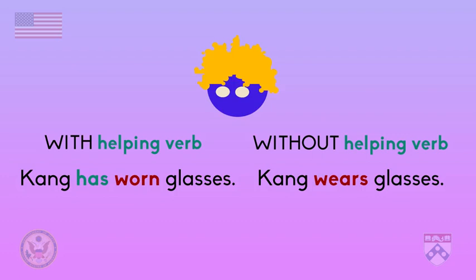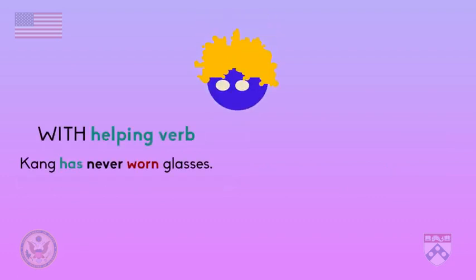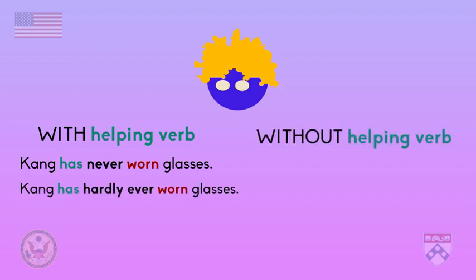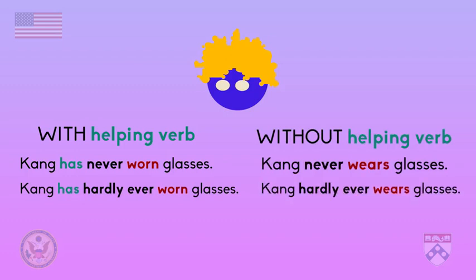These negatives, never or hardly ever, go right in front of the verb. So now we get Kang has never worn glasses, or Kang has hardly ever worn glasses, and Kang never wears glasses, or Kang hardly ever wears glasses.